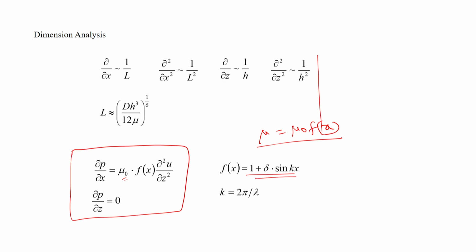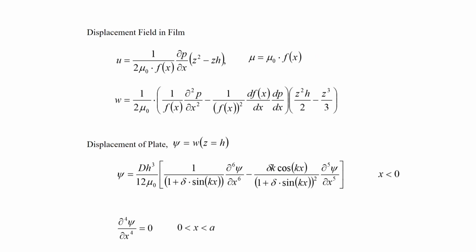I have just considered a sinusoidal variation, you can think of other variations as well, but this is periodic. With those simplified equations we can integrate over z, then use the incompressibility relation and obtain U and then W.